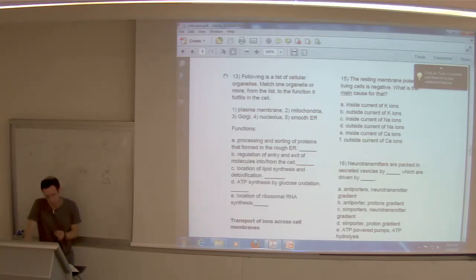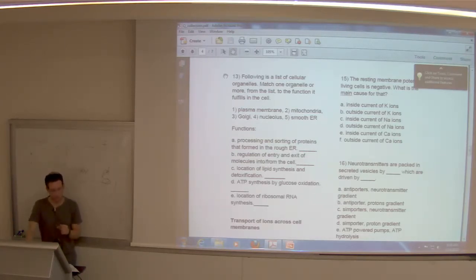Okay, and B, regulation of entry and exit of molecules into or out of the cell. So this is 1, the plasma membrane, the gate, the barrier. C, location of lipid synthesis and detoxification. Lipid synthesis is performed by the Golgi and the smooth ER, but detoxification is attributed to the smooth ER.